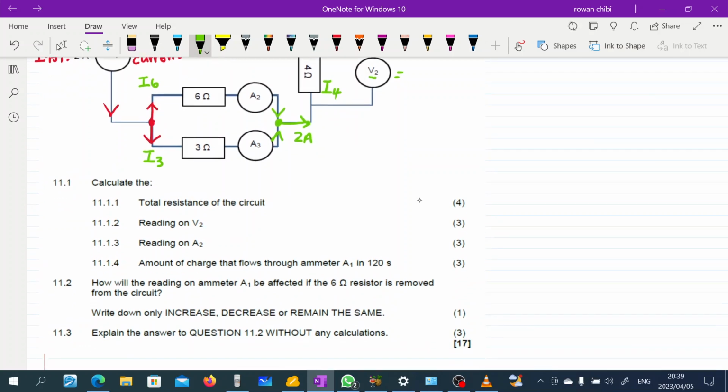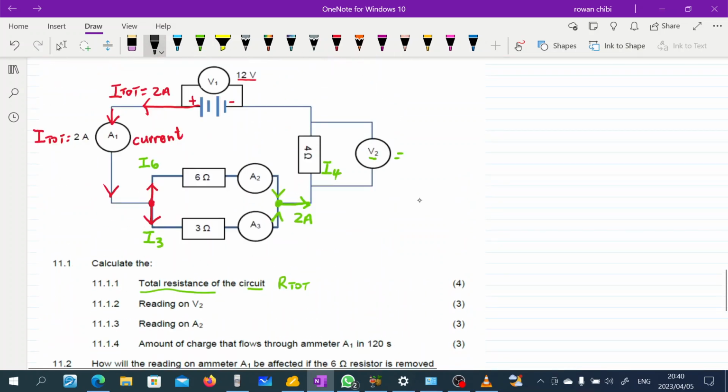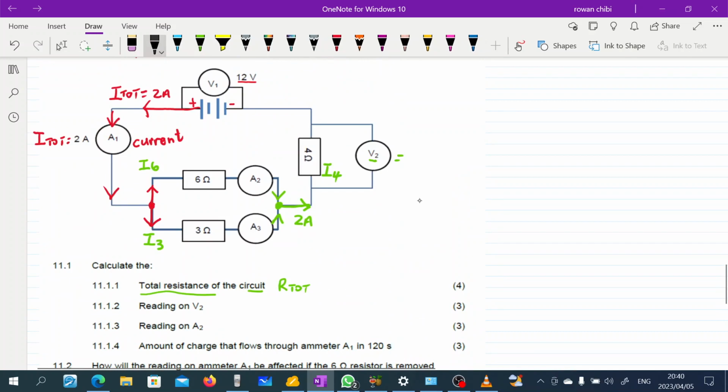So question number 11.1. Calculate the total resistance of the circuit. So we know what they want here. They want R total. So let's calculate the total resistance. Before we calculate the total resistance, we first calculate the parallel resistors.